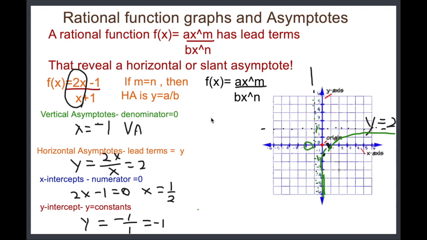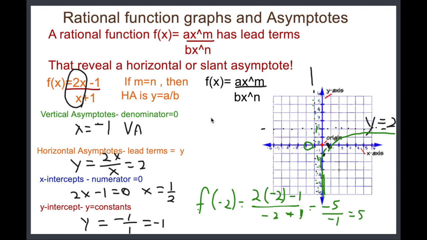So f of -2 equals 2 times -2 minus 1 over -2 plus 1. So this gives me -4, which is -5, over -1, which is 5.